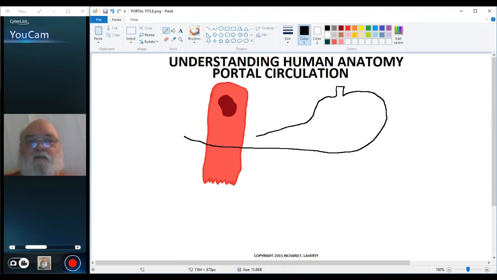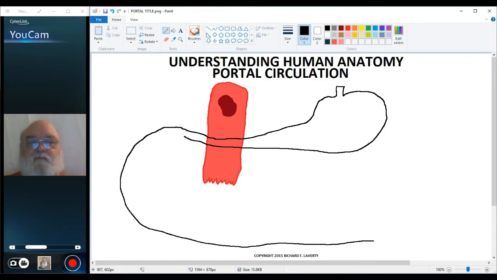And with the lesser curvature narrowing down into the pylorus, and then becoming the duodenum, which makes a nice arc around like so. And then we'll draw a circle to indicate that it joins the jejunum.